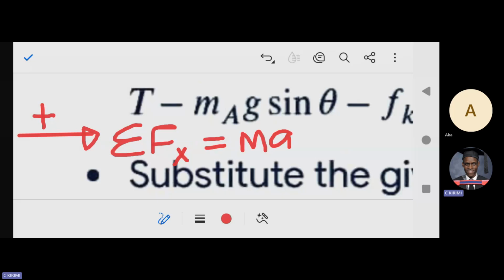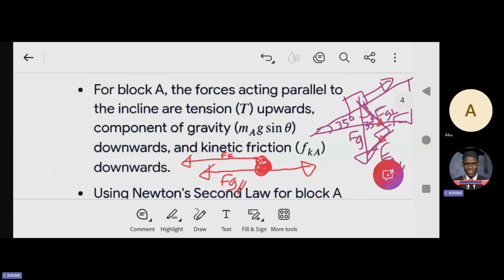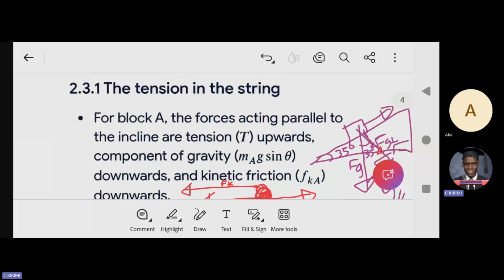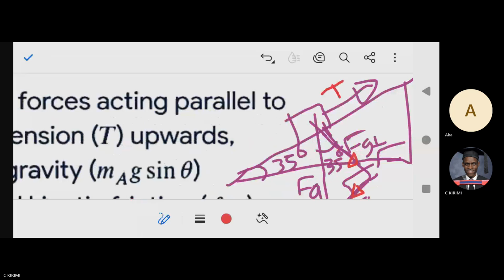Acceleration. The sum of forces in the X direction. So the X direction is your incline now. What is happening along the incline? On the incline here, we are having a T. This is now my X direction. And then on the incline, I'm having this pull backwards, which is FG parallel.